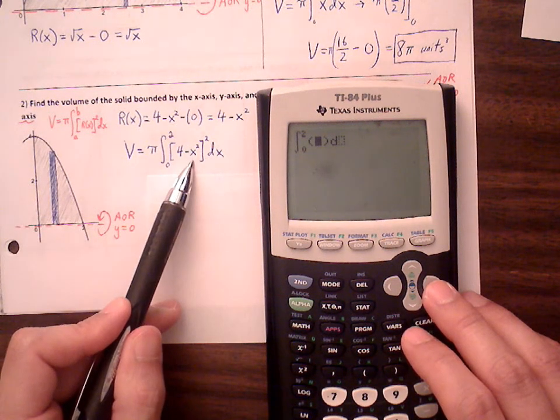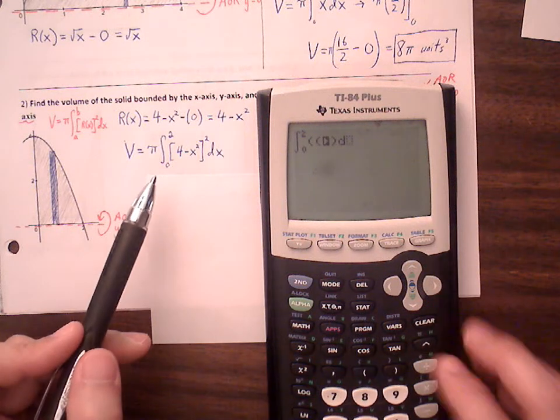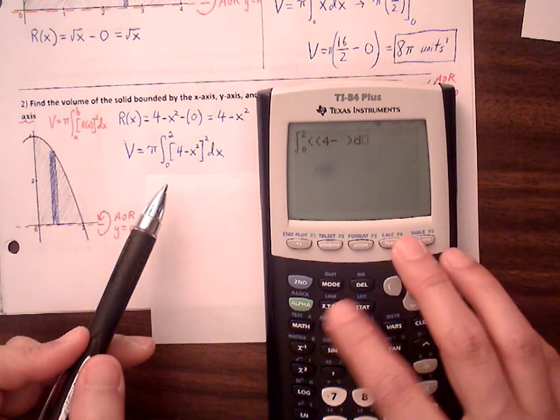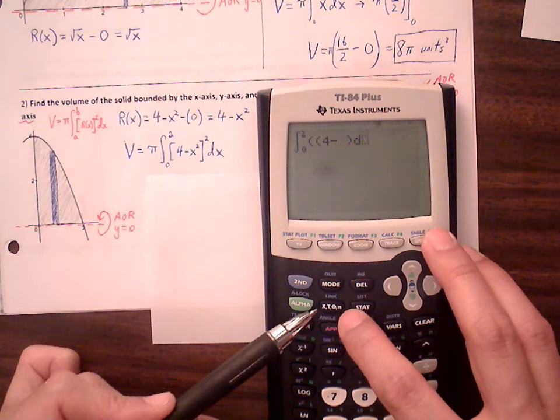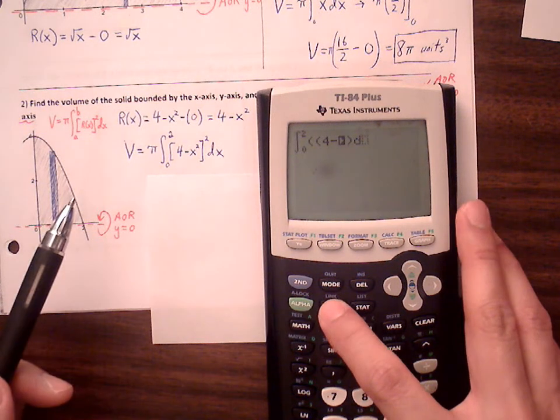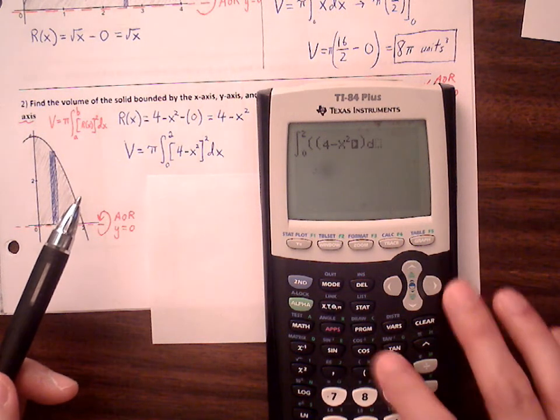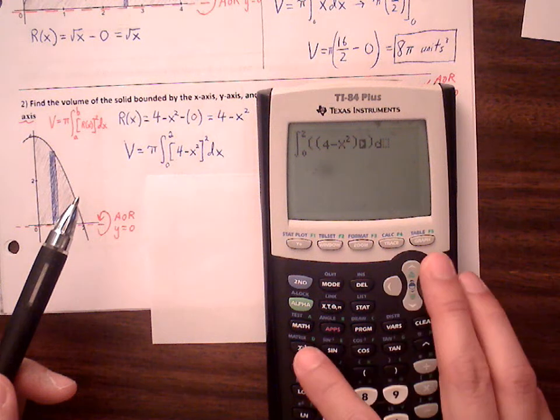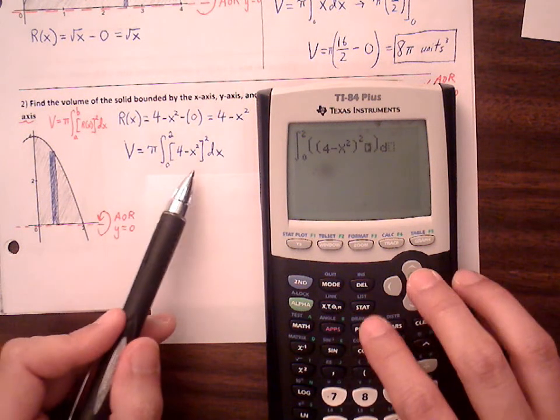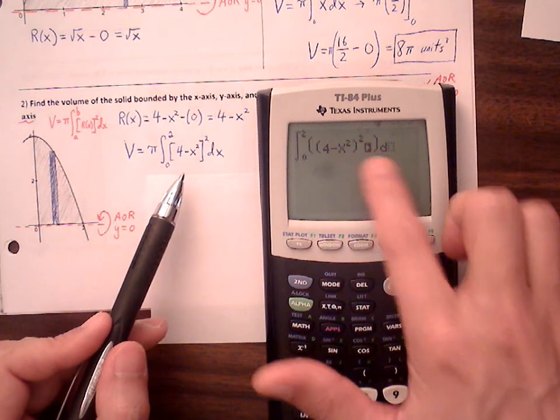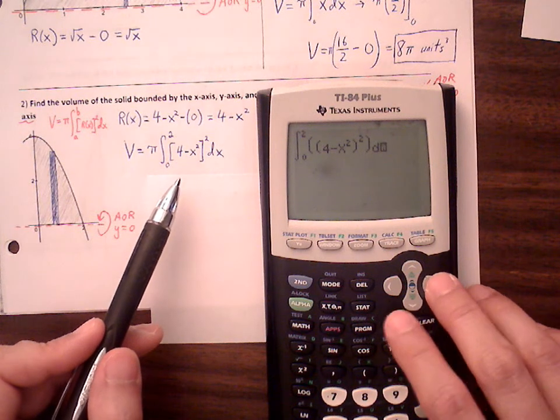Parentheses 4 minus x squared. Okay, X button is right near the top here. Close parentheses squared. That's my radius quantity squared. I'm going to fill in that dx there.